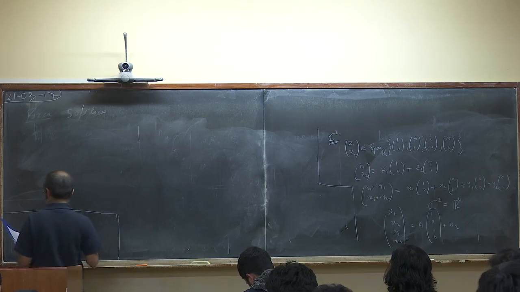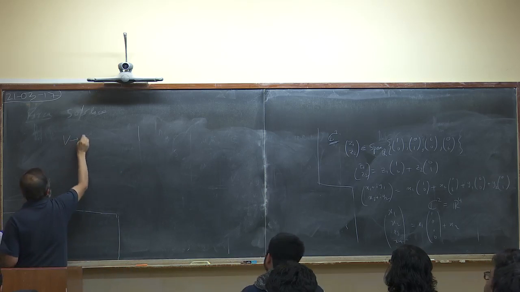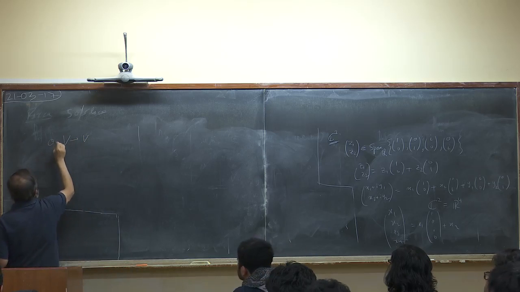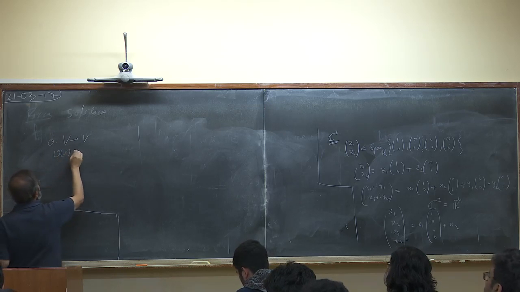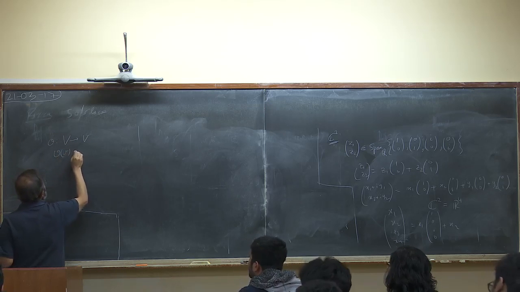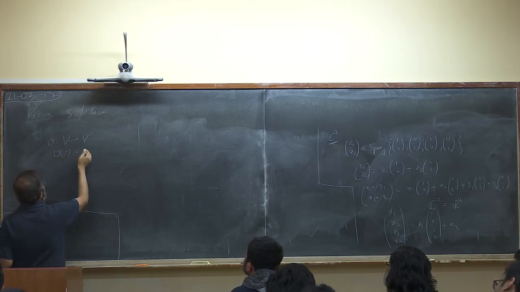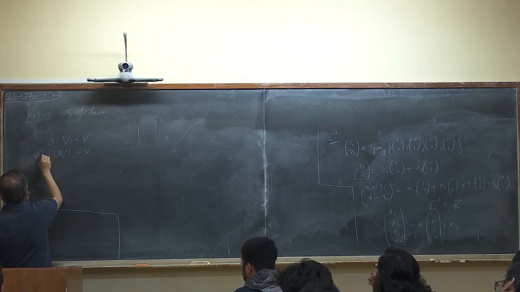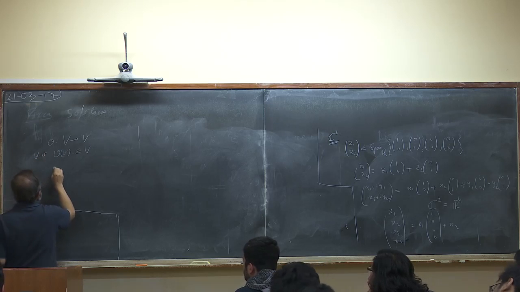Linear operators on vector spaces are maps O, such that O acting on a vector B, you can put a bracket here, gives another vector. It's called a linear operator provided it satisfies the linearity condition.